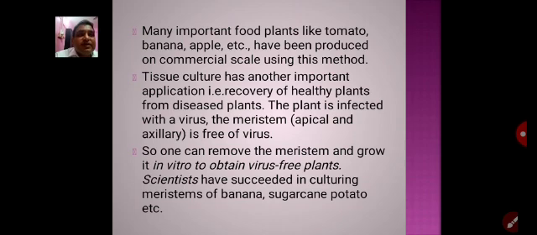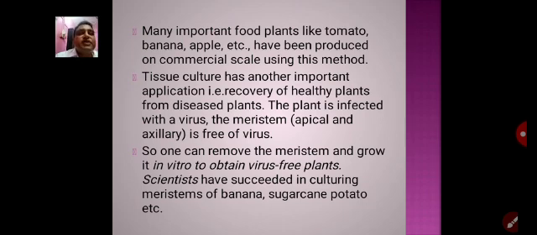Genetically identical plants are also called somaclones. Clone means the same genetic constituent as the plant from which the part was taken, and the different plant bodies we develop are known as somaclones.